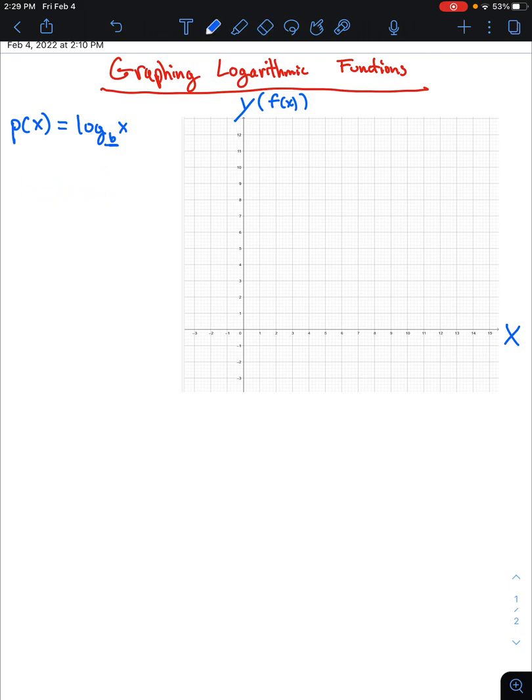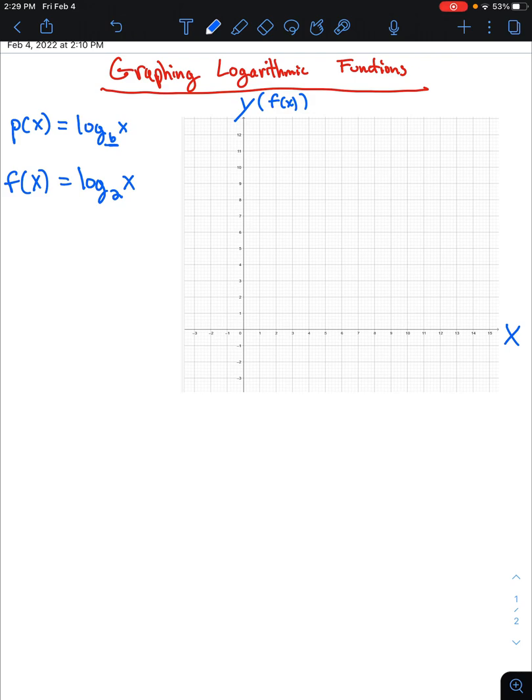So in this case, we're going to treat our function as f of x equals log base 2 of x. Now you could use any base, but I find 2 to be nice and easy to work with to visualize the effects here. But just know that it could be any base b.